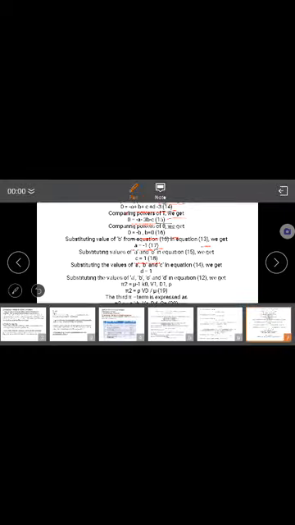Here we put the value of b in equation number 13. So we get the value of a as minus 1. Similarly, by putting the values of a and b in equation number 15, we get c equals 1. Putting a, b, c in equation number 14, we get d equals 1.